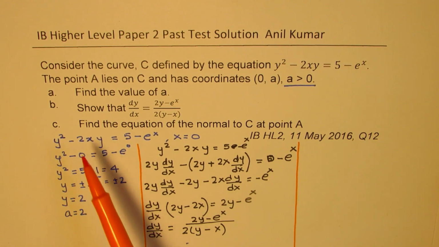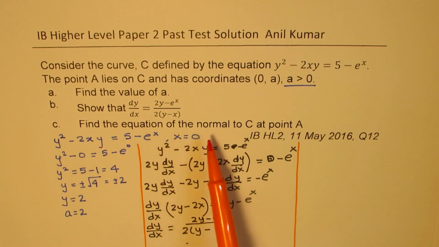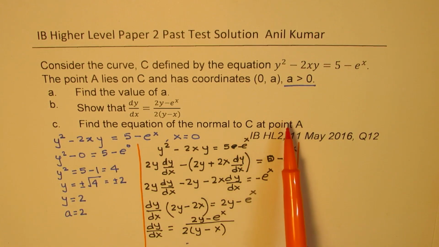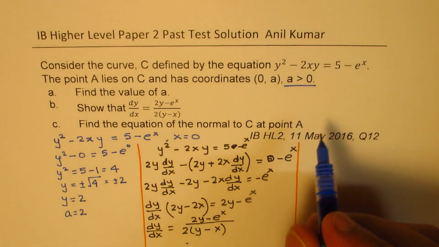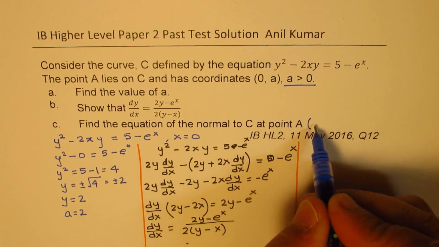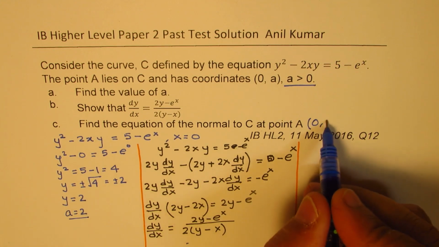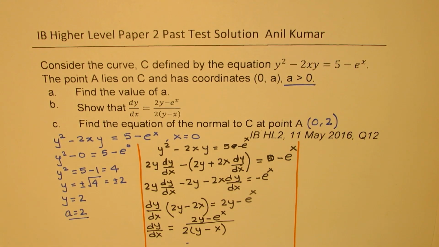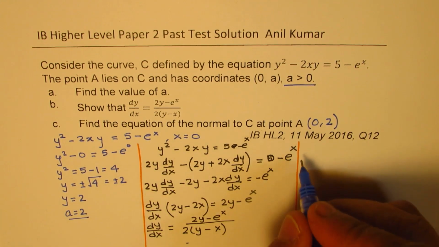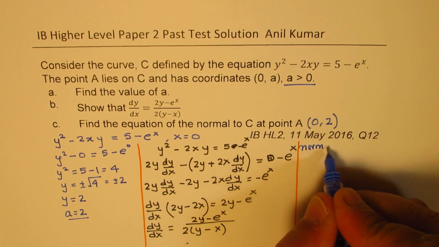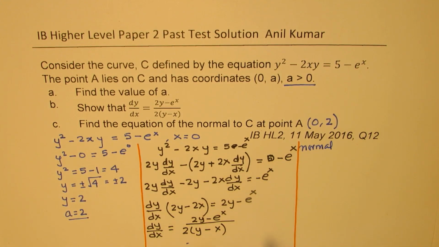And C part is, find the equation of the normal to the curve at point A. Now when I say at point A, the point A for us is (0, 2), since the value of a is 2, right? So now for the normal, let's also see what dy/dx is, since there's very little space here.